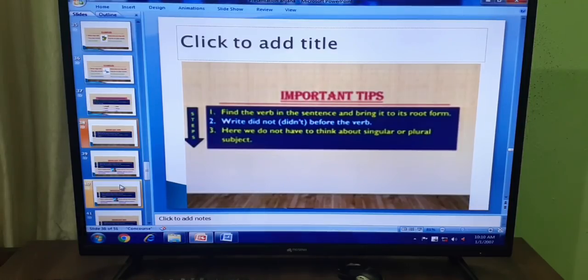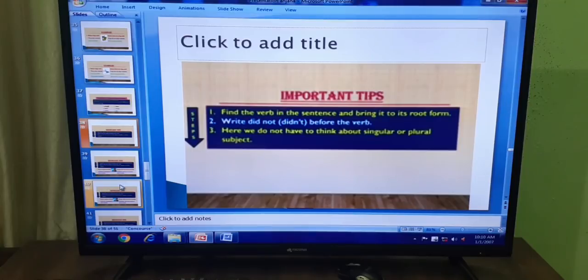The second one, write did not or didn't before the verb.